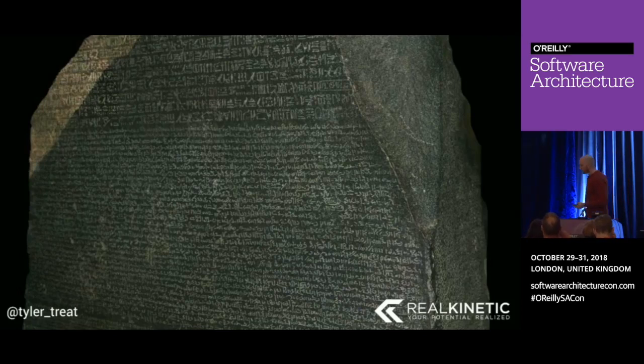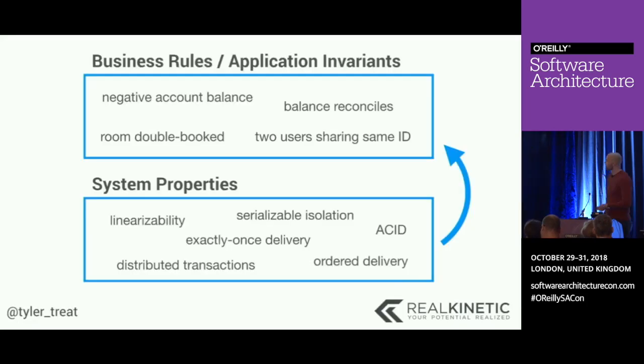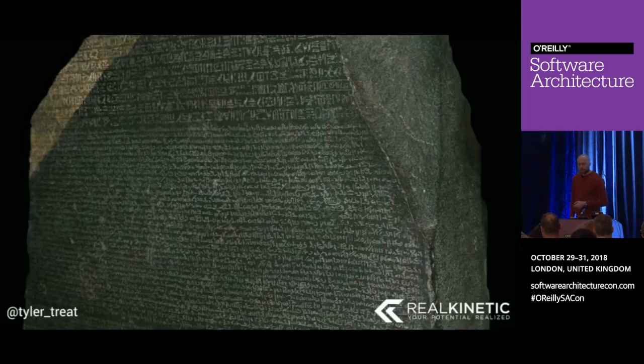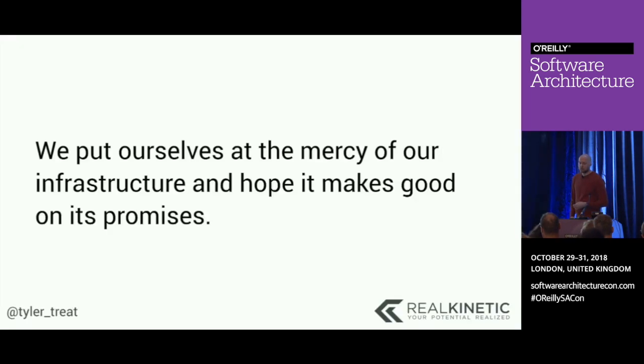This often precludes us from using more commodity solutions, and we end up building custom ones. There's also the performance implications, right? When this is the starting point, that's the best we can do. And we could otherwise avoid a lot of those costs. And then also we put ourselves at the mercy of our infrastructure and hope it makes good on its promises.